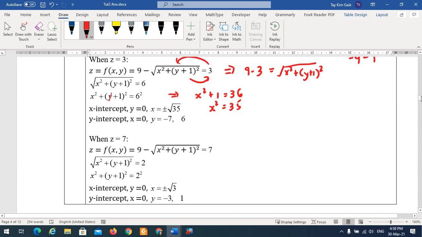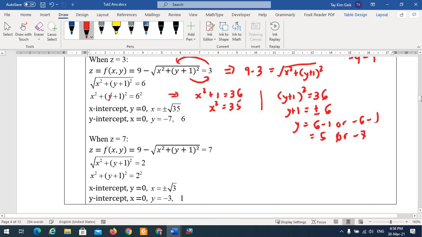Or you may solve it here. To get the y-intercept, let x = 0. With x = 0, you have (y plus 1) squared equal 36. So y plus 1, take the square root, you have plus or minus 6. So y will be 6 minus 1 or negative 6 minus 1. That's why you have 5 or negative 7.